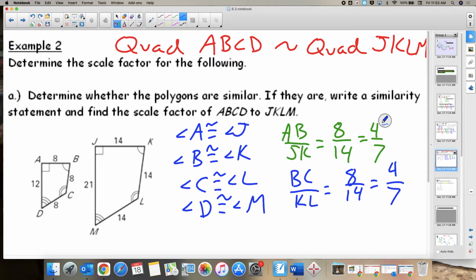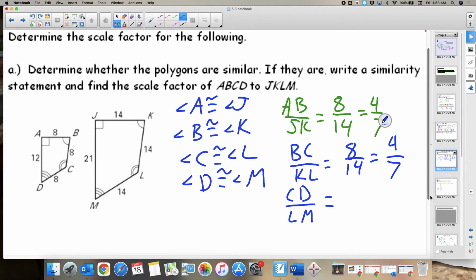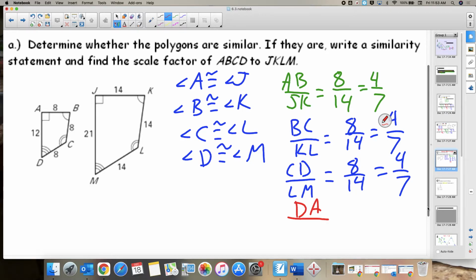We have CD over LM, which also is 8 over 14, which also reduces to 4 over 7 then. And then my last set, we have DA over MJ, which would give you 12 over 21, which also reduces to 4 over 7.